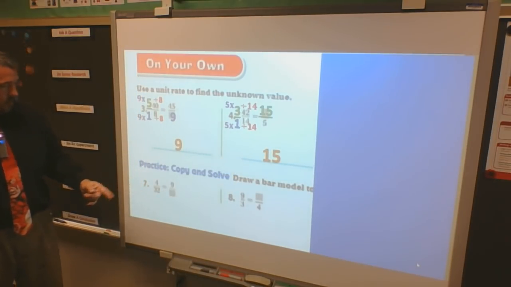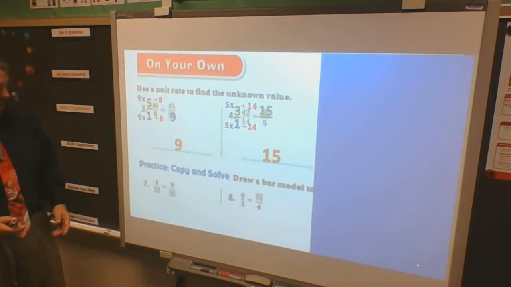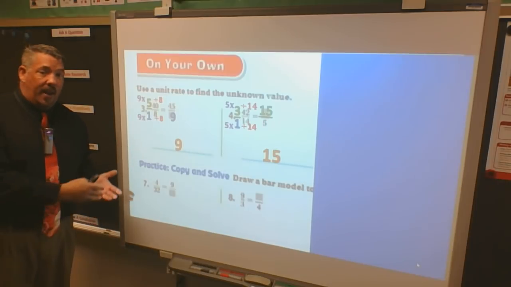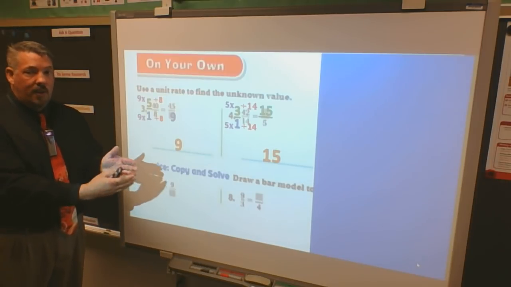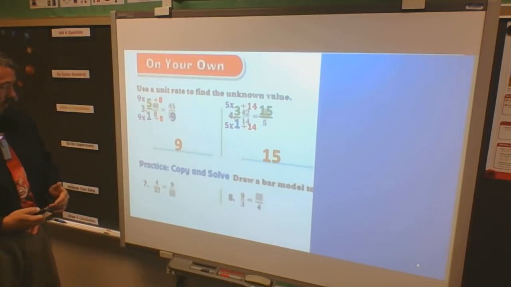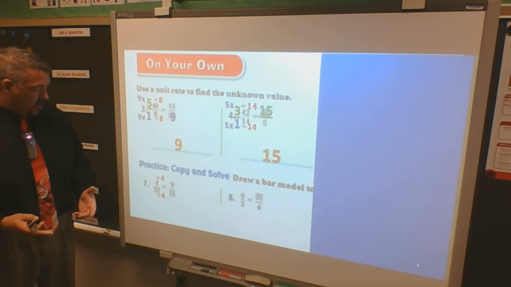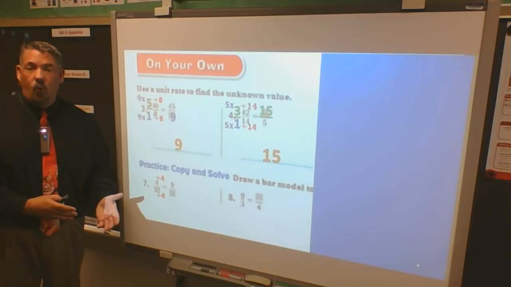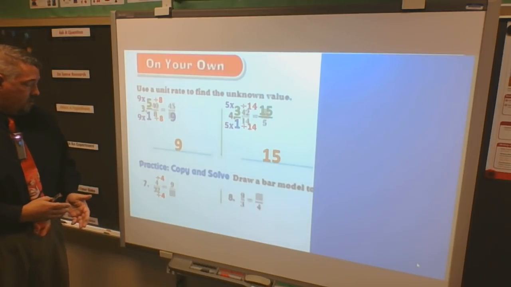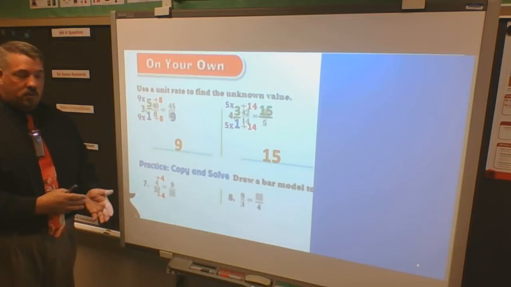On question 7, same idea. I have 4 over 32 is equal to 9 over something. I can't easily multiply a 4 by something to get 9, so I'm going to reduce first to find my reduced fraction. Now the difference on this one is it's not actually a unit rate. This takes us back to an equivalent ratio question. My 1 ends up on top.